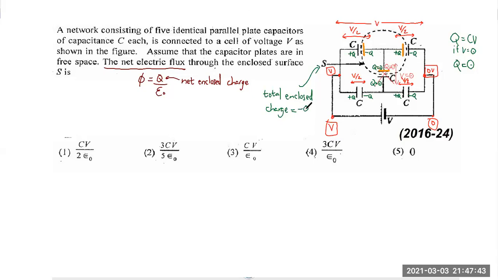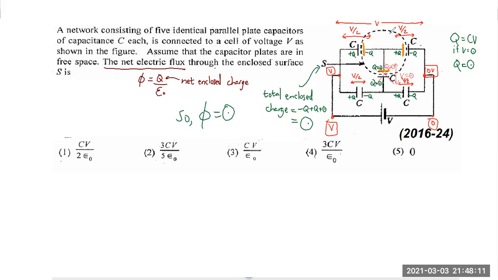We have a minus Q, we have a plus Q, and we have a 0. When you add everything, it will be 0. Minus Q, plus Q, there's nothing here. So add everything, 0. If the total net enclosed charge is 0, so what is the electric flux? That also should be 0, because there is no net charge enclosed within that.